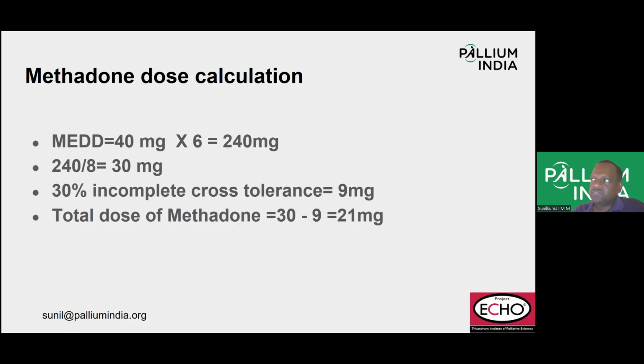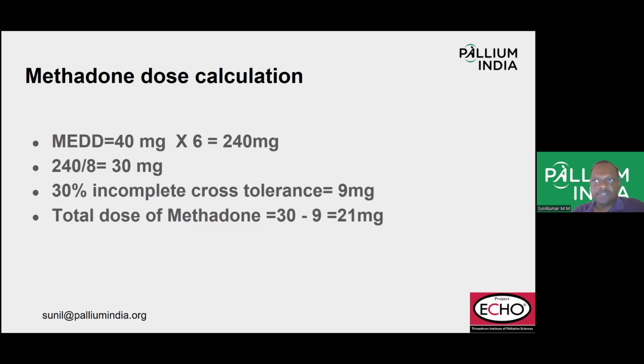And when you convert an opioid to another opioid, even though you got a calculated dose, you would not give that much opioid, because there is something called incomplete cross tolerance. The opioids, even though they are mu agonists, they act differently on the mu receptors.